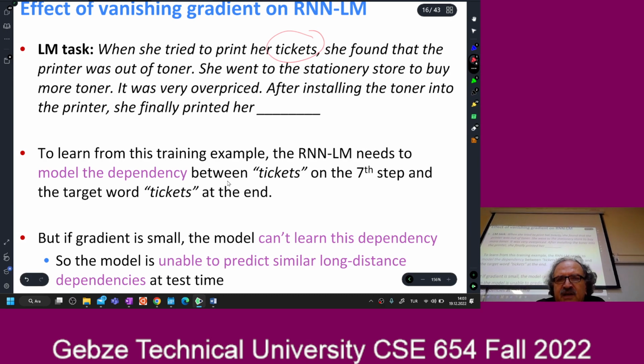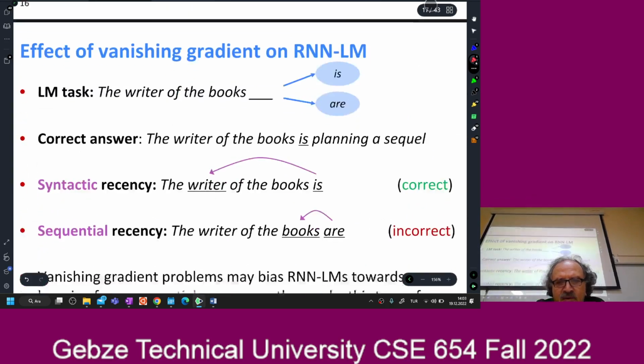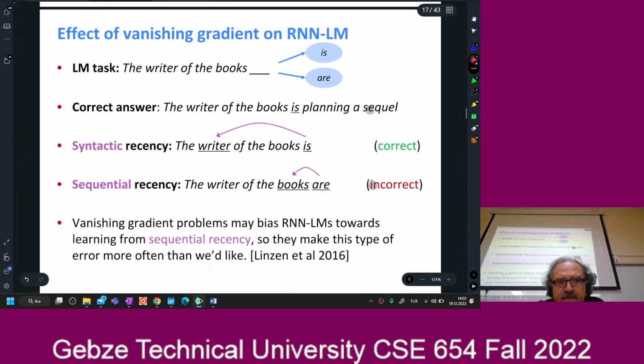Usually it says she finally printed her printer, or she finally printed her toner, or she finally printed her store, etc. That's what it does, and that's not going to be a good thing.